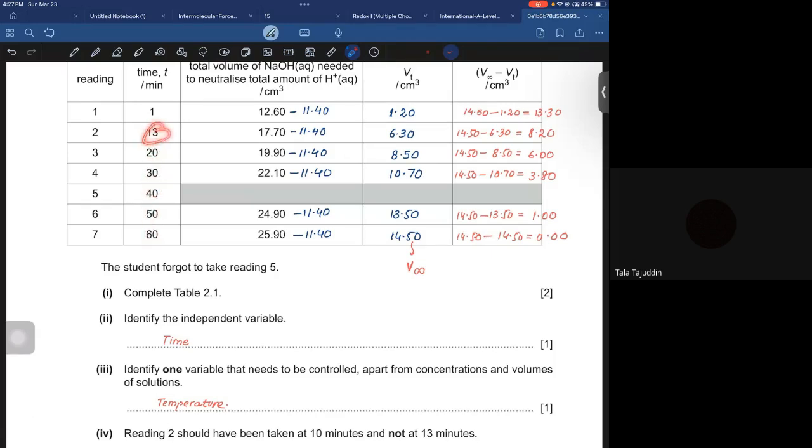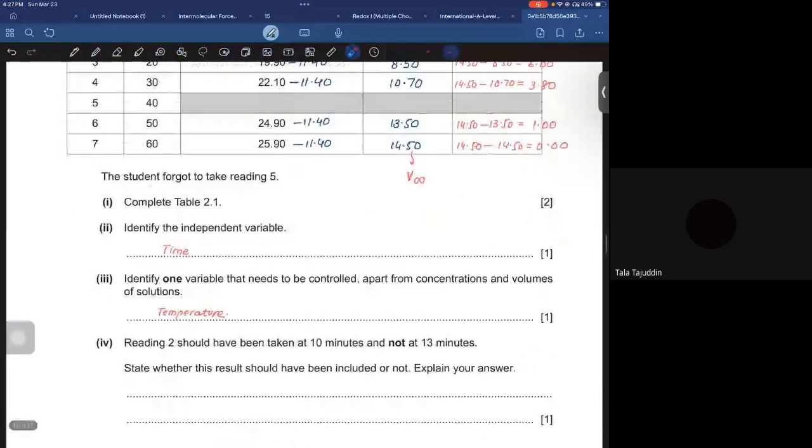So why is this so? They're saying reading 2 should have been taken at 10 minutes, and not at 13 minutes. State whether this result should have been included or not. Explain your answer. Okay, so what do you think?